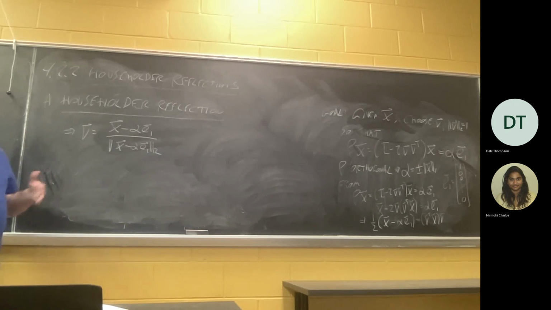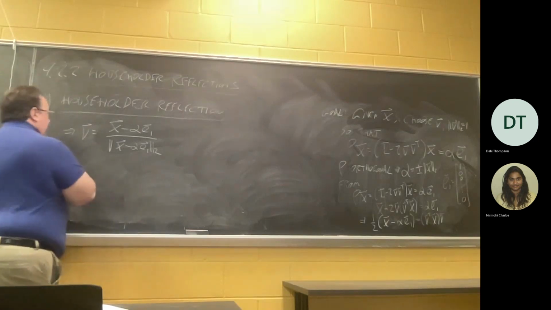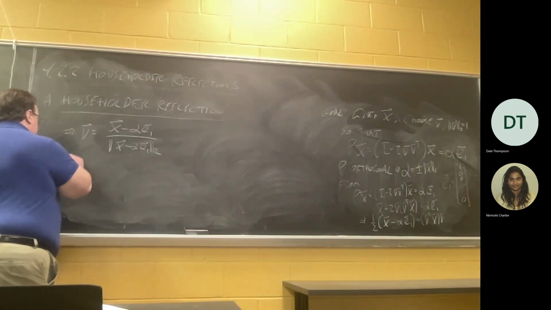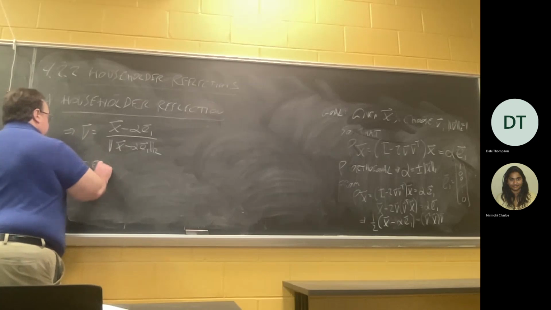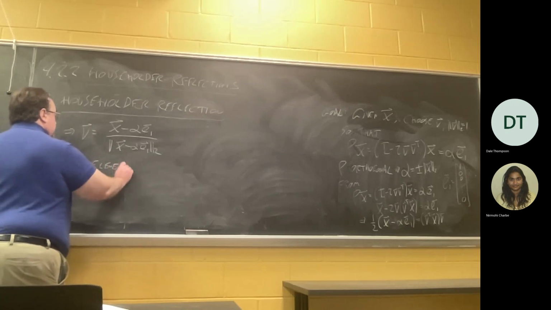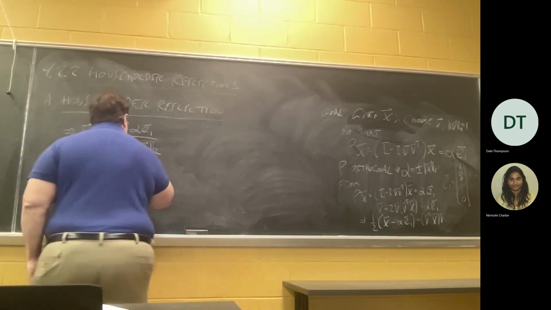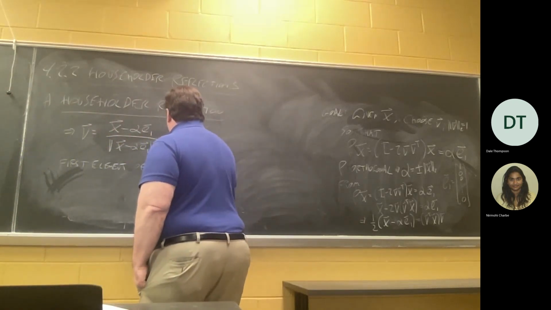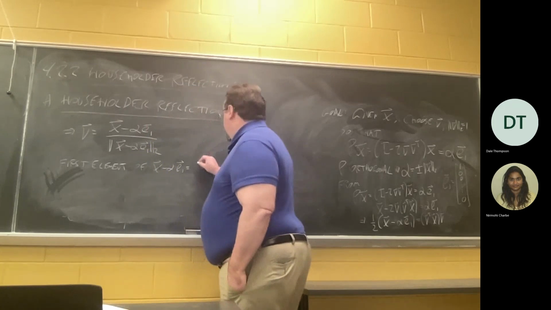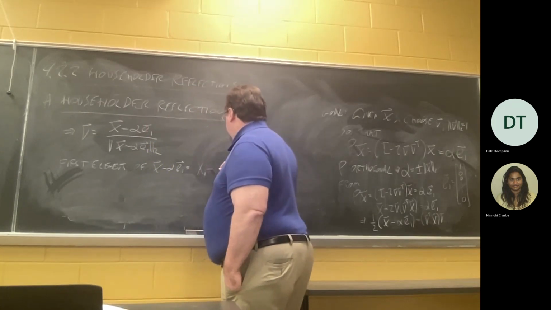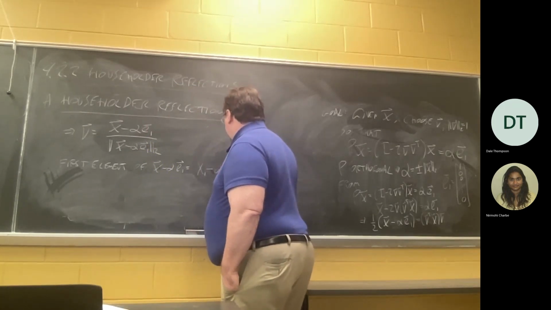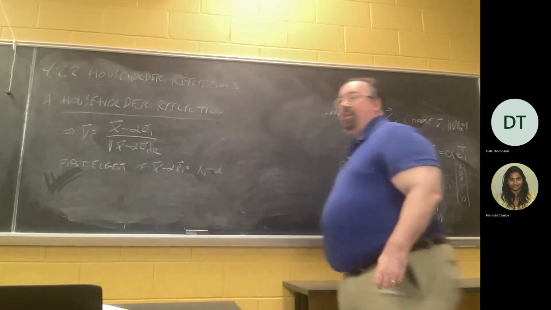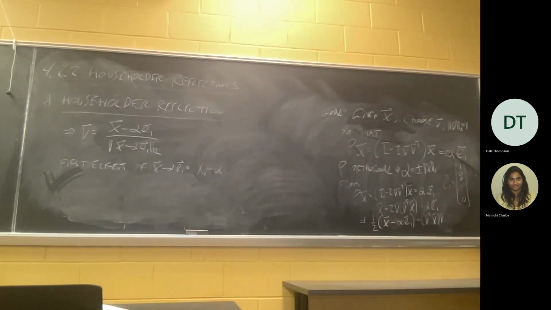Is there any reason to choose one over the other? Yes, there is. Because the first element of X minus alpha E1 is going to be X1 minus alpha, because the first element of E1 is 1.